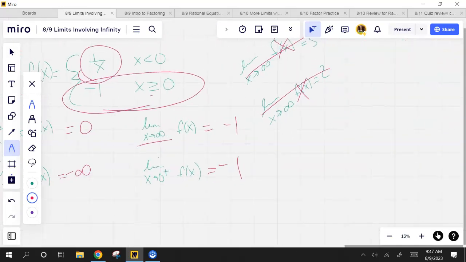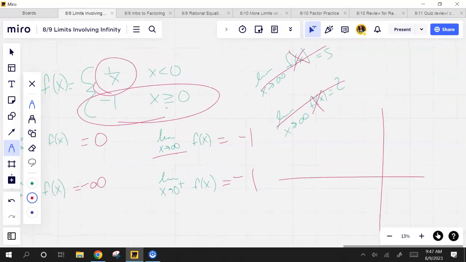Draw the actual graph. Okay. All right, when x is less than 0, it's this, and then this. That's the graph we're looking at. Oh, okay. That one.